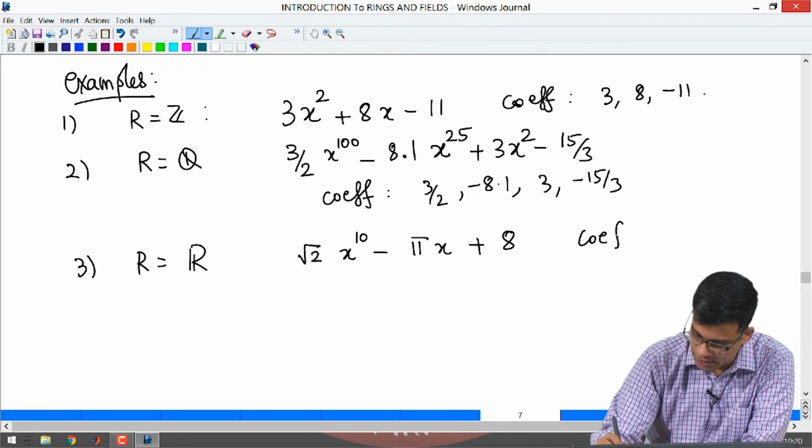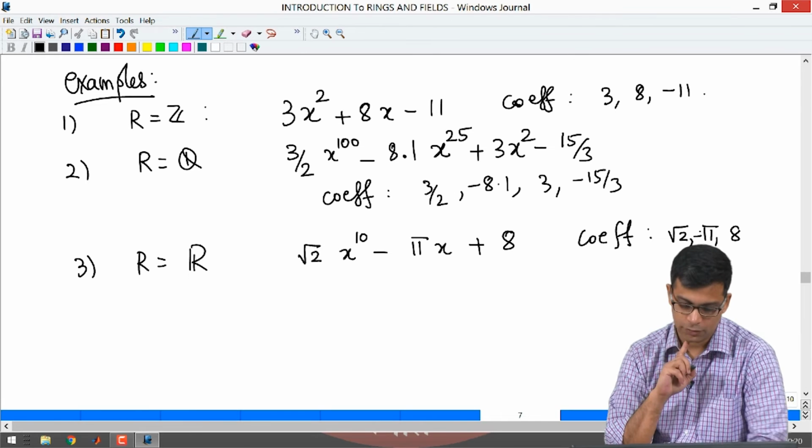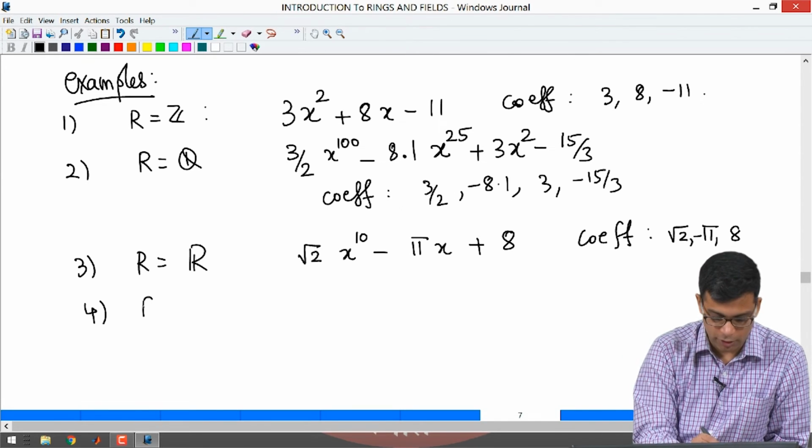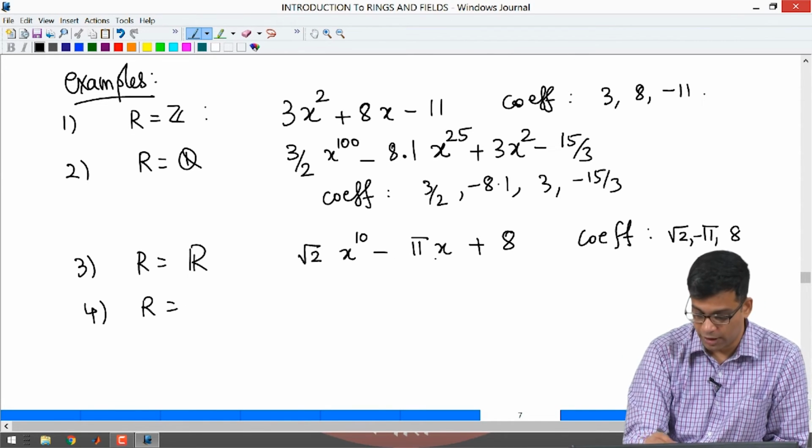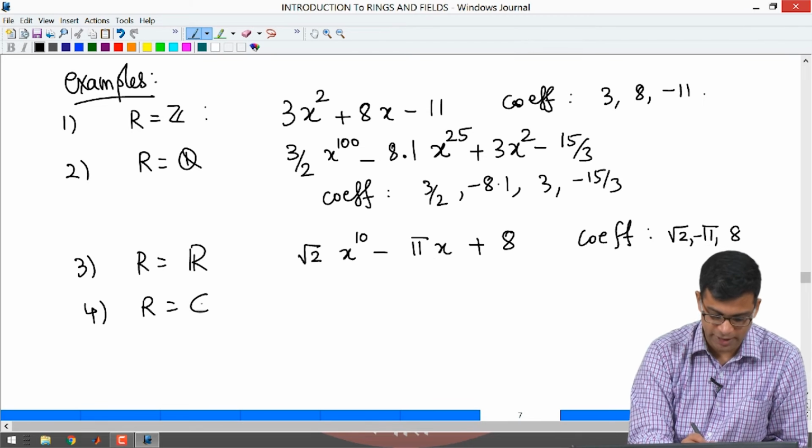Here the coefficients are root 2, minus pi and 8, and this is a polynomial over real numbers, but not over rational numbers.